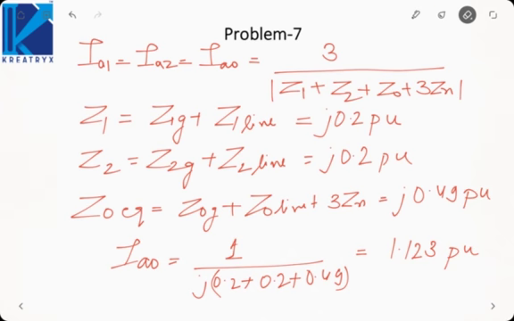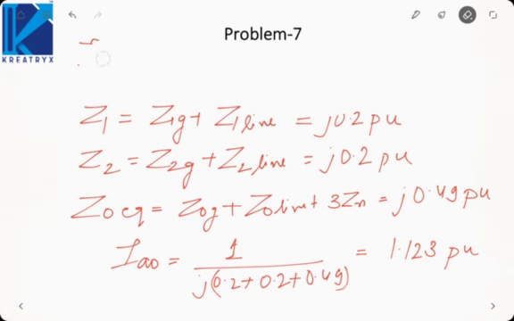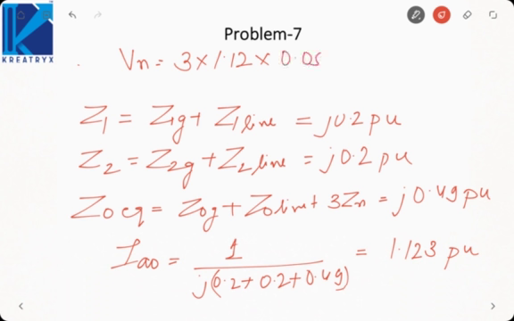Now if we wish to calculate the neutral voltage, Vn will be 3 into 1.12 into 0.05. So 0.15 into 1.12 will be 0.168 pu.